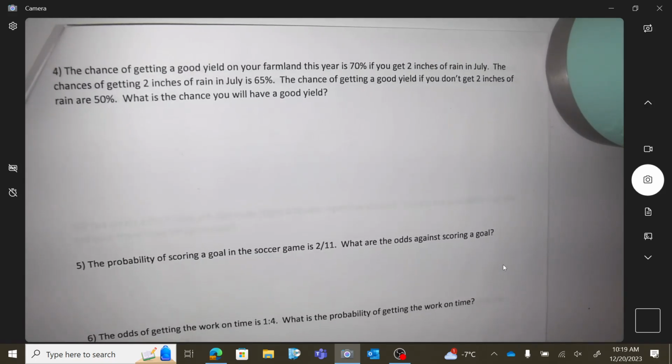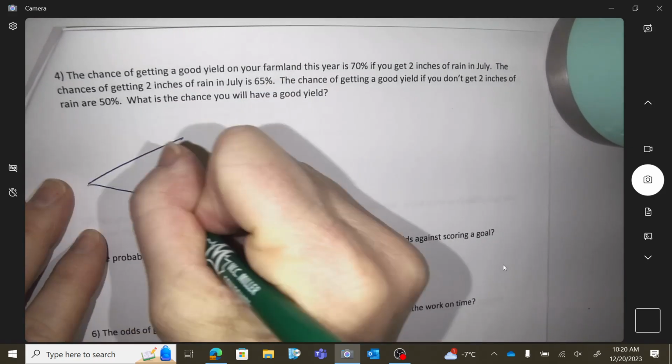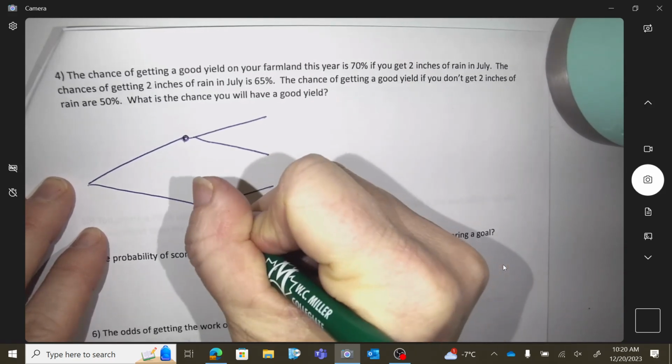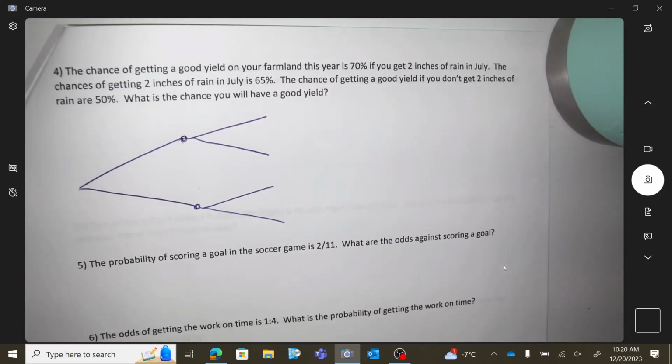The chance of getting a good yield on your farmland this year is 70% if you had a 2-inch rain in July. And the chance of getting the 2-inch rain is 65%. What strategy is this one? The V's? Yeah, it's the V outs. So what depends on the other?